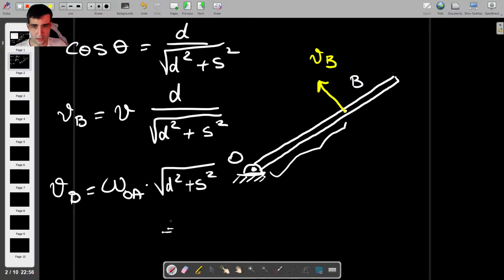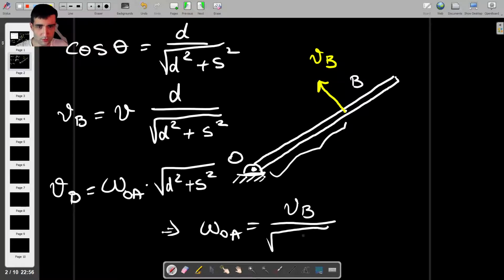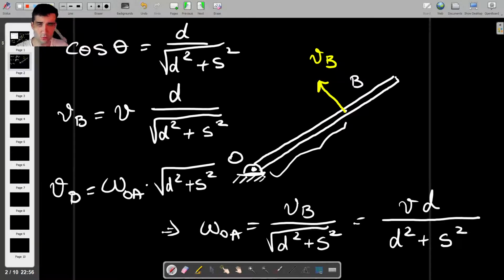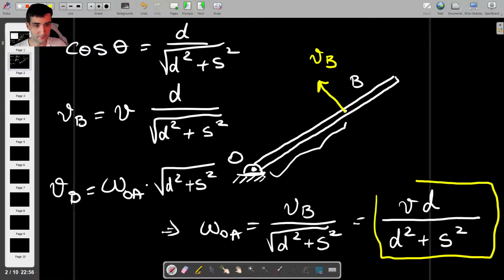So to find omega from here, we just rearrange. Omega OA is VB divided by the square root of d squared plus s squared, which is V times d over d squared plus s squared, because those two square roots get multiplied with each other, so they cancel out, and that's it. That's the final result.